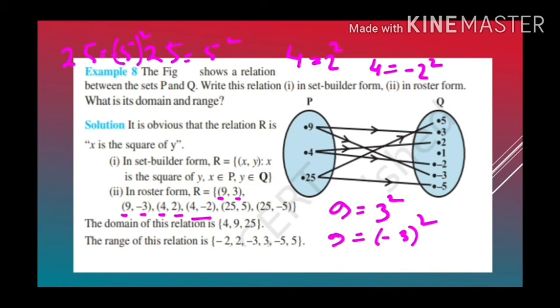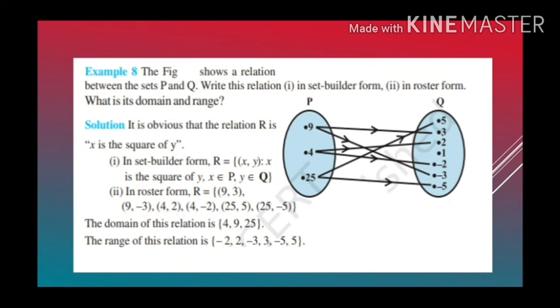So you can easily say that the first element is the square of the second element. So the relation in set builder form will be R is the collection of ordered pairs (x, y), where x, the first element, is the square of the second element y, where x belongs to P and y belongs to Q, because the relation is from P to Q. In this way you have to form set builder form.